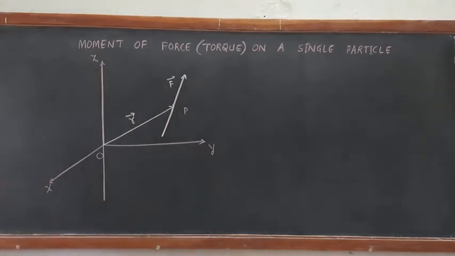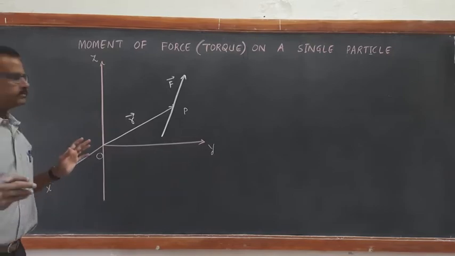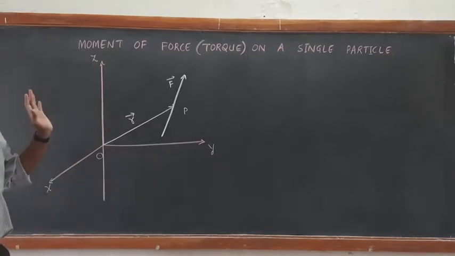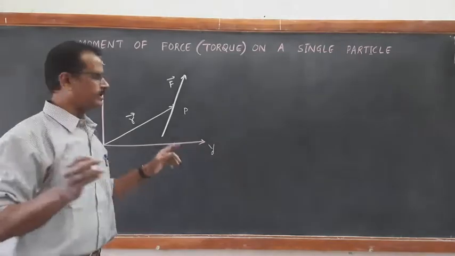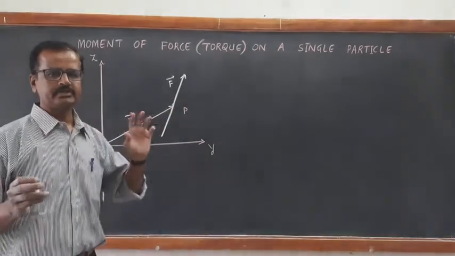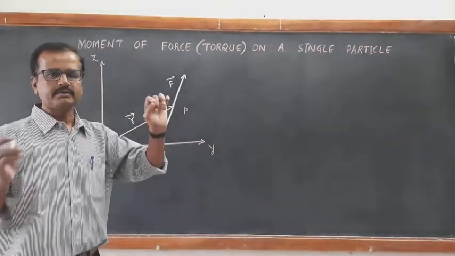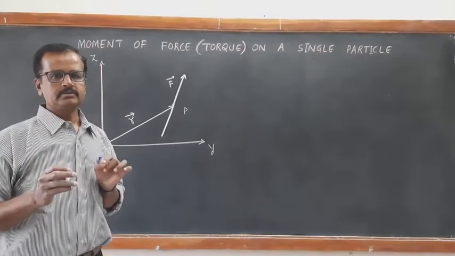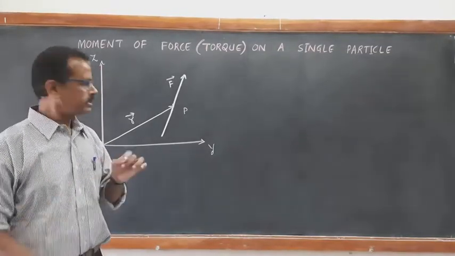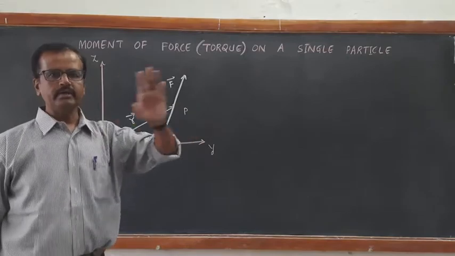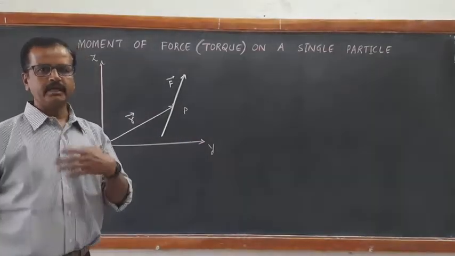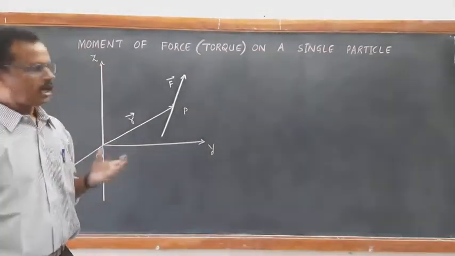Now remember, the particle is not free. It can tend to rotate about an axis. You can think that the particle is fixed to a particular hinge. So a force is applied on that, so that the particle doesn't undergo linear displacement. It will have a turning effect. How does it turn?